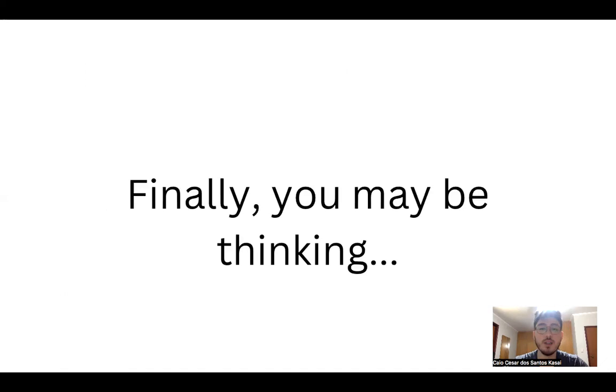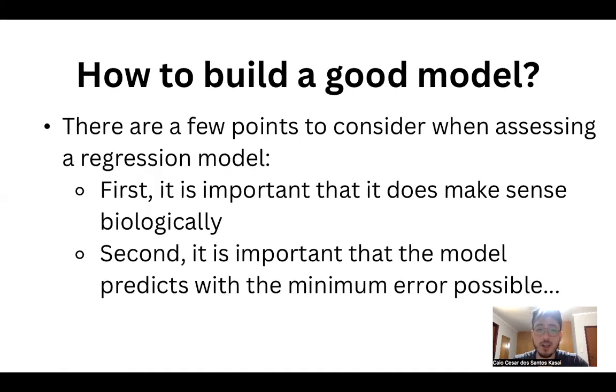So finally, you might be thinking about how to build a good model. There are a few points to consider when assessing a regression model. The first and most important, at least for me, is that the model makes sense biologically. You can't just pick random variables to put in the model.